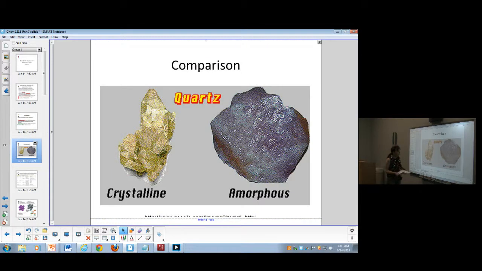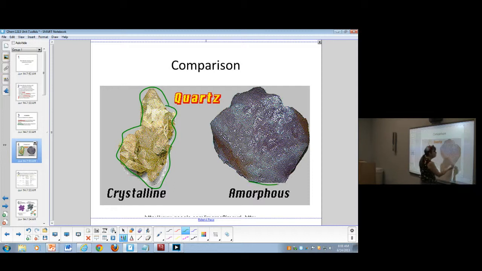So, for example, here is quartz, and you can see the pretty crystal form that it takes when it's packed in an orderly fashion. And here's some more quartz, only this time it's not so nicely packed. It's more of an amorphous type of substance.